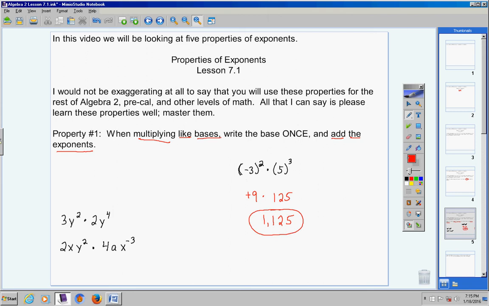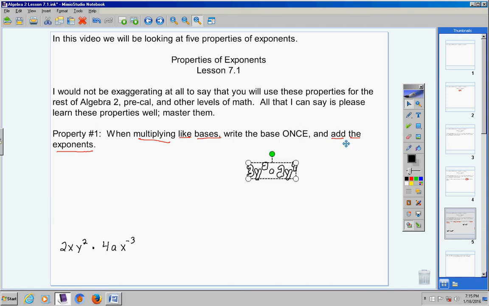Alright, let's move on and try another problem. Now, we have 3y squared times 2y to the fourth. Notice first of all that we're multiplying, okay? Now, you can multiply your coefficients, okay?